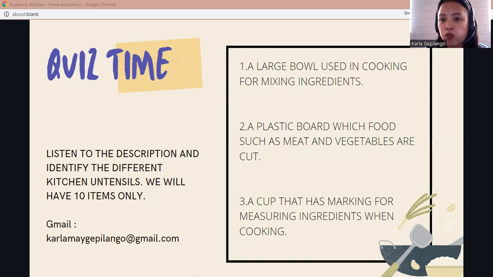It is a plastic board on which foods such as meat and vegetables are cut. Okay, let's go to number three. A cup that has markings for measuring ingredients when cooking.